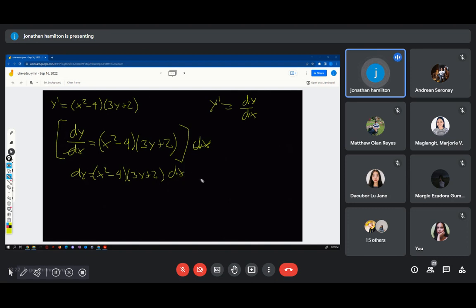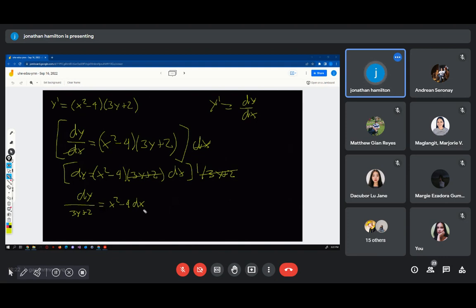Here again, we have dy on one side, and we also have y present on the right side. So we divide by 3y plus 2, and that cancels out. We're then left with dy over 3y plus 2 is equal to x squared minus 4 dx.